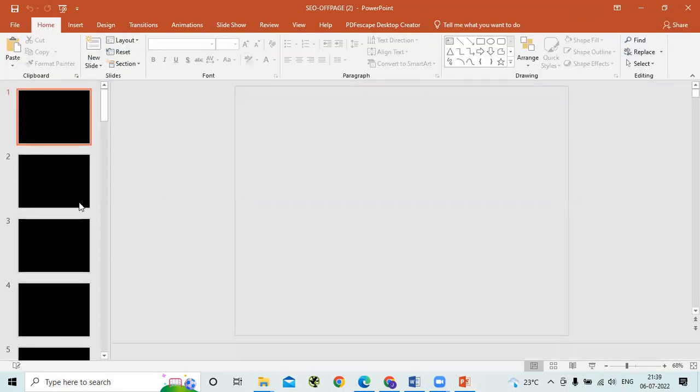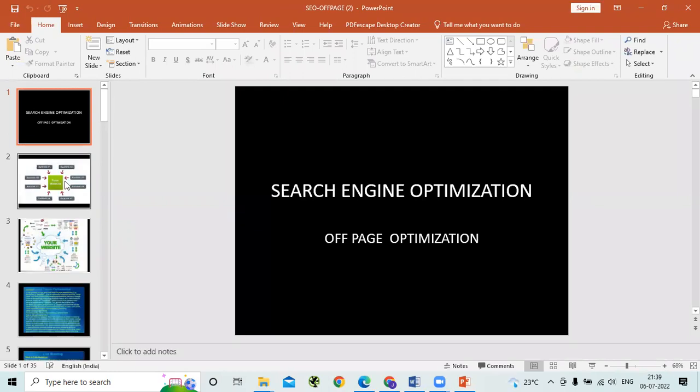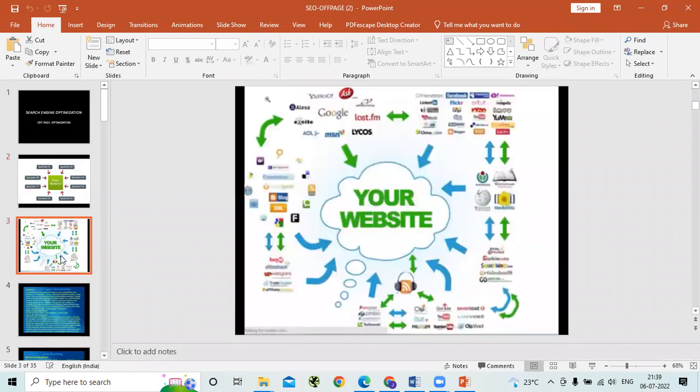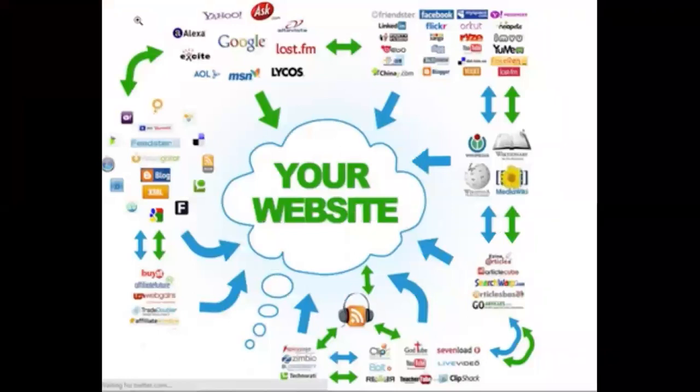The very important part of off-page optimization is creating your backlinks. So for your website, try to bring in as many backlinks as possible. So what is backlinking? This is an example. If it is your website, how do you get people connected to your page?